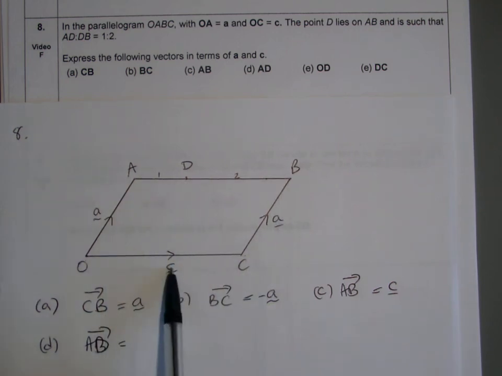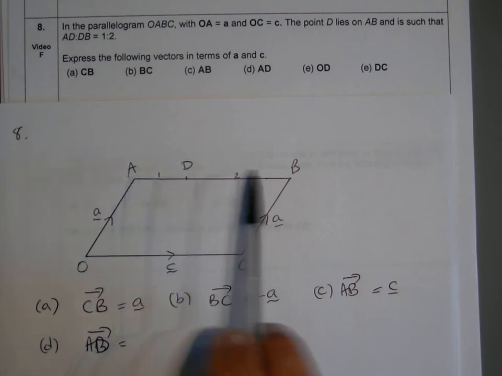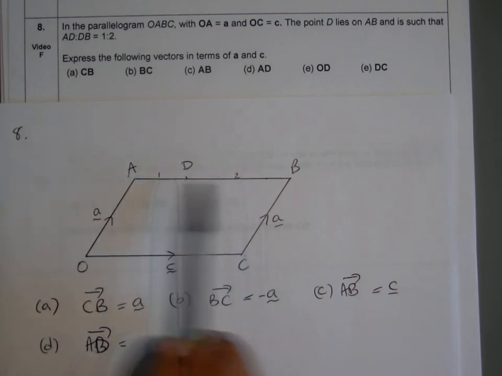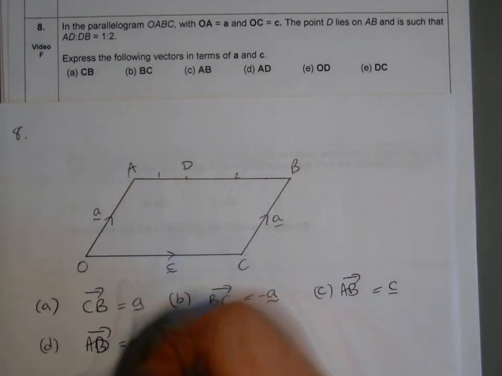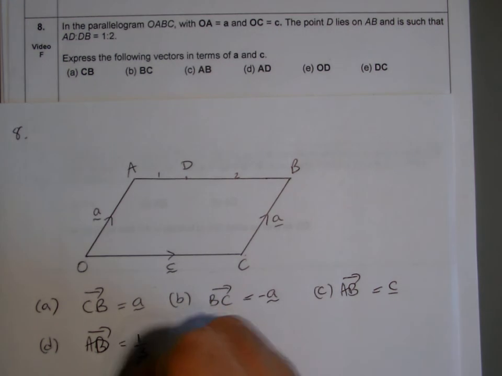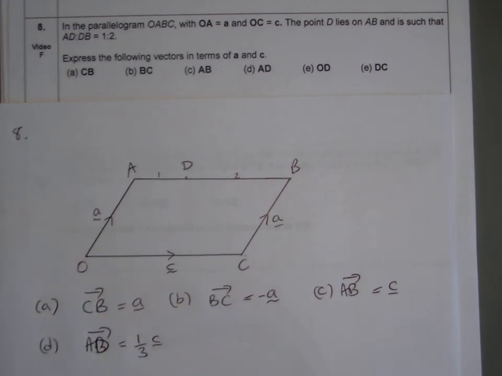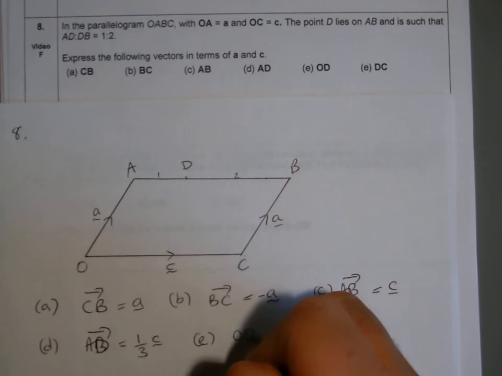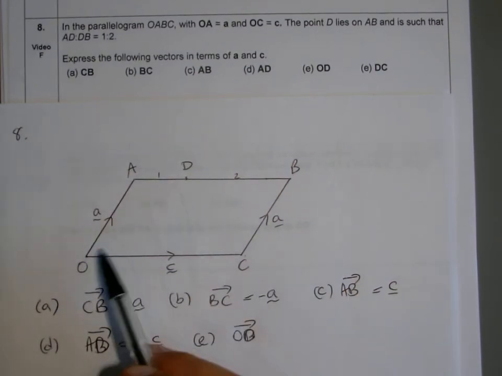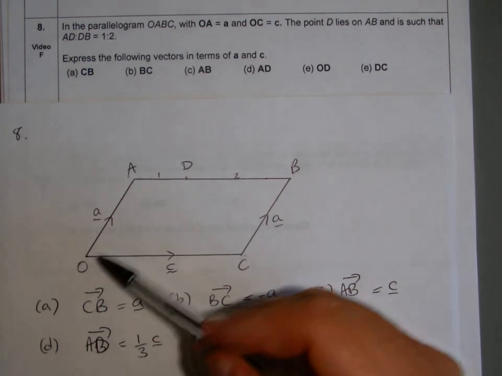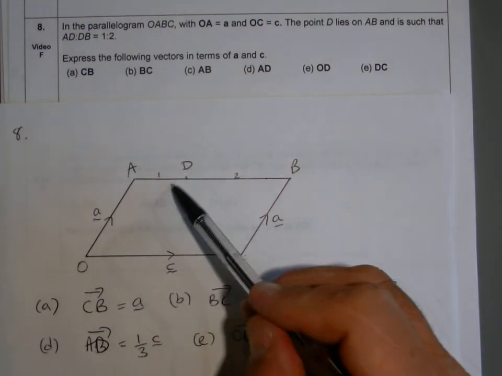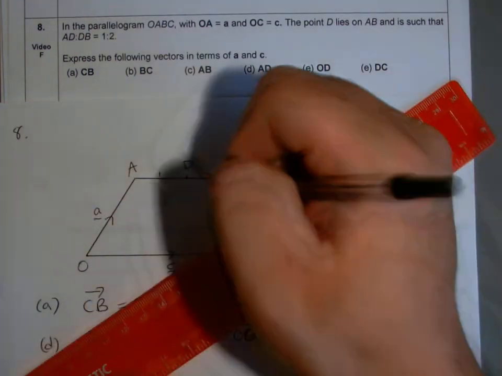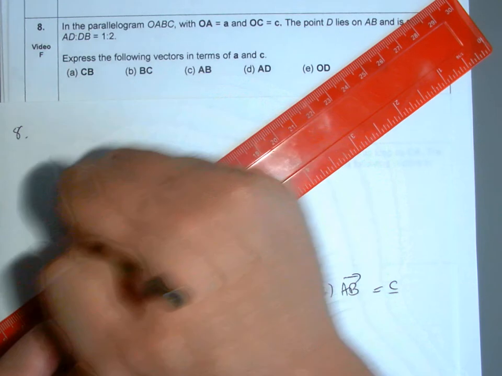So what fraction is it going to be? Quite simply, you just look at the ratio. It's 1 part out of 3 in total. So AD will be 1/3 little c. Okay. So then we've got OD. If you think about it, we're going from here to here. We can draw it in if you want.